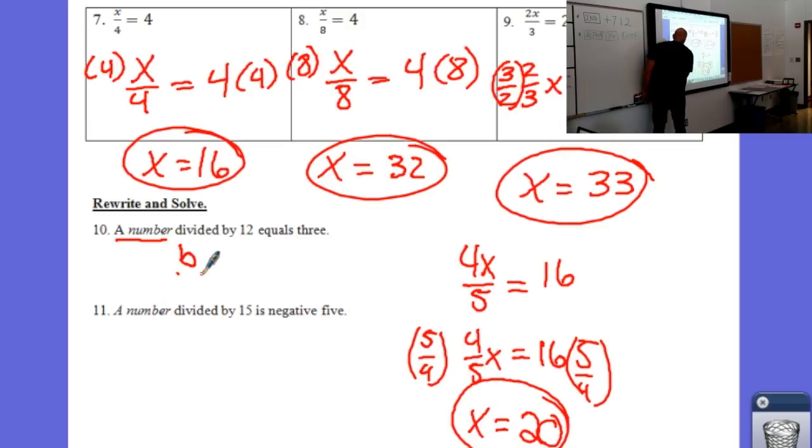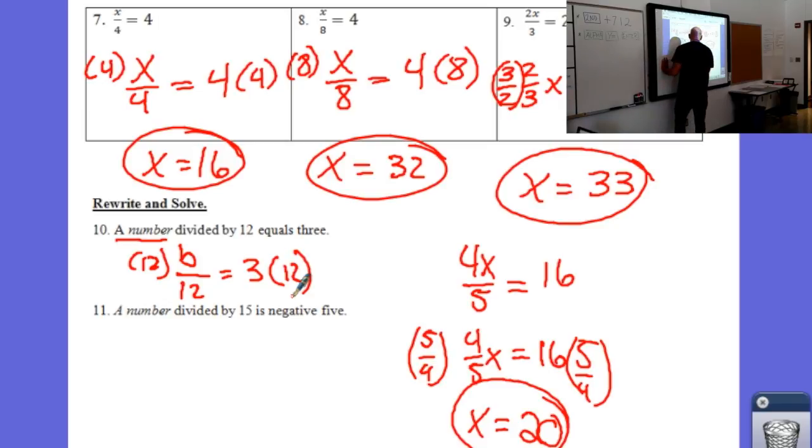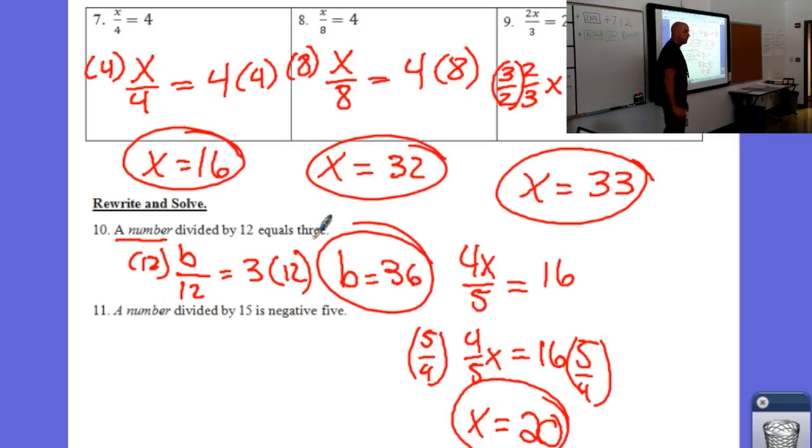B divided by 12 equals 3. So what do we do on both sides? Multiply by 12 on both sides. Good. Our 12s cancel. So we have B equals what? 36. Simple enough, right?